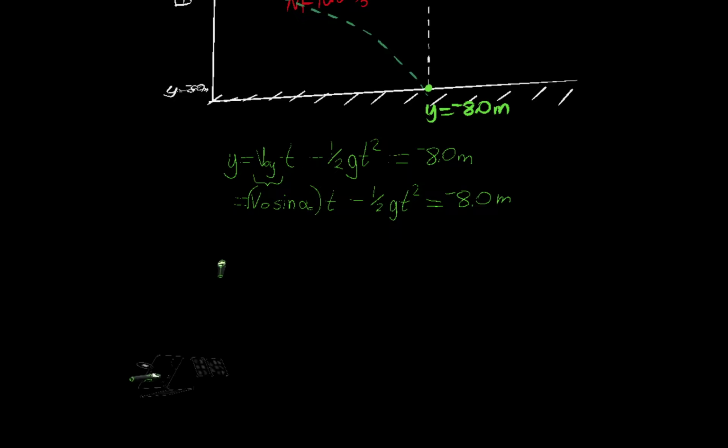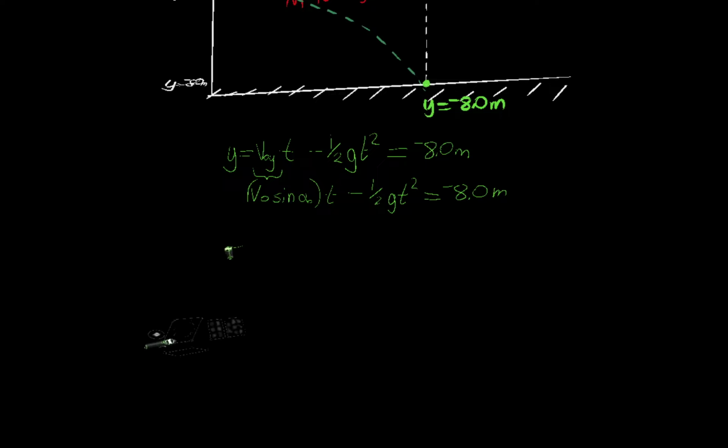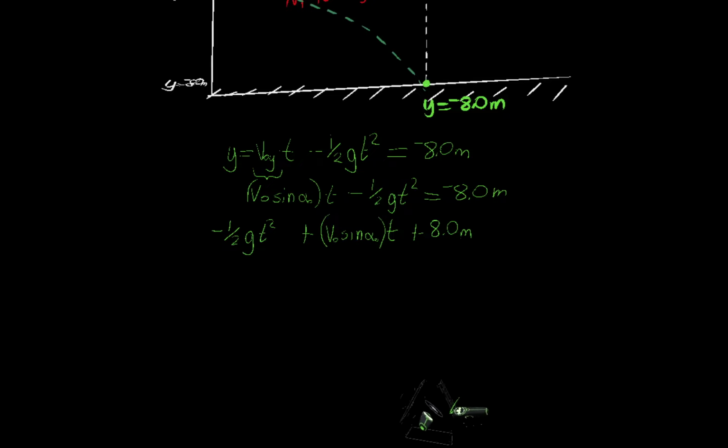You have to set this up like a quadratic. So we have minus 1/2 gt squared plus v naught sine alpha naught t plus 8.0 meters.